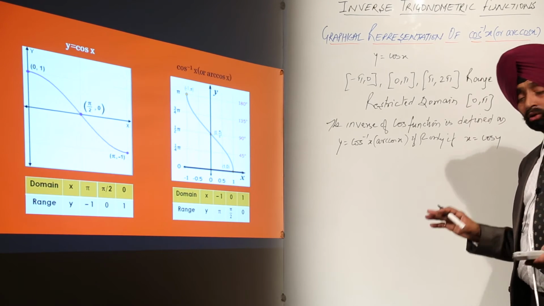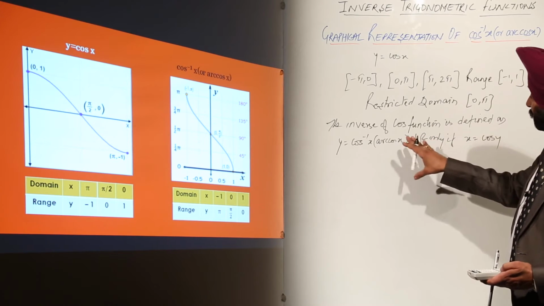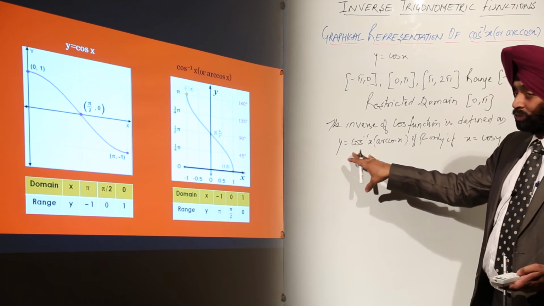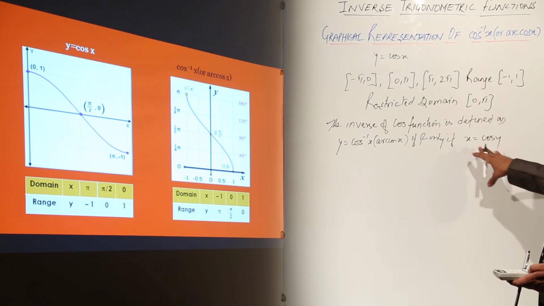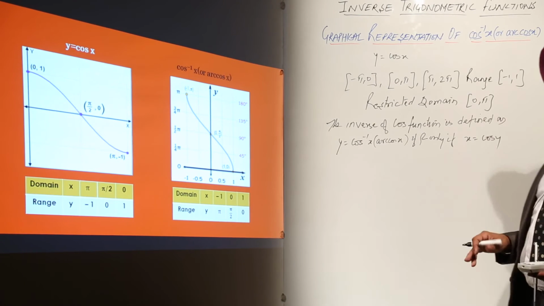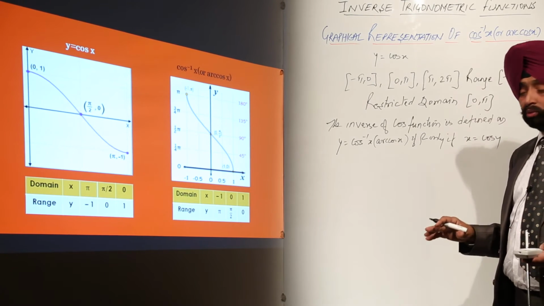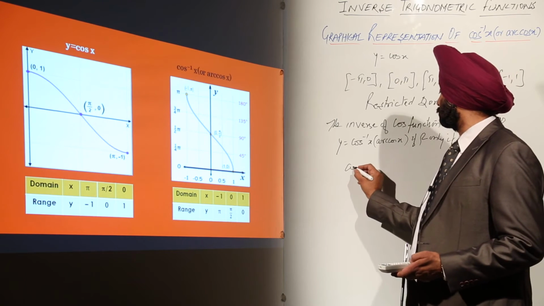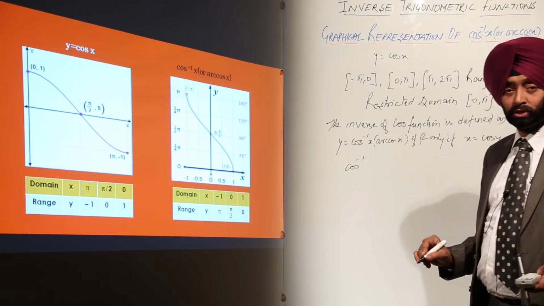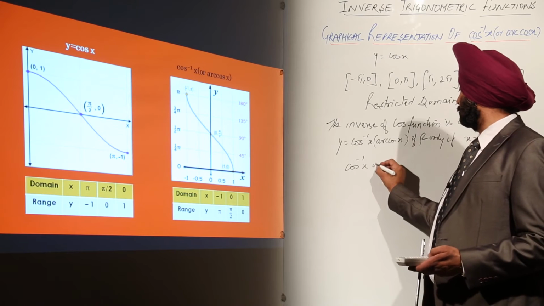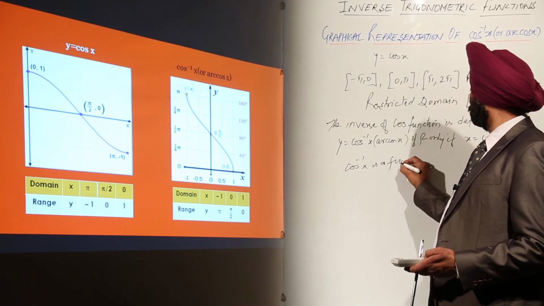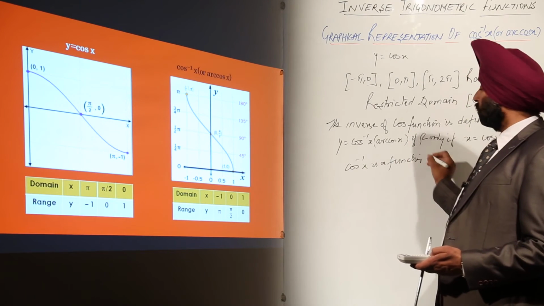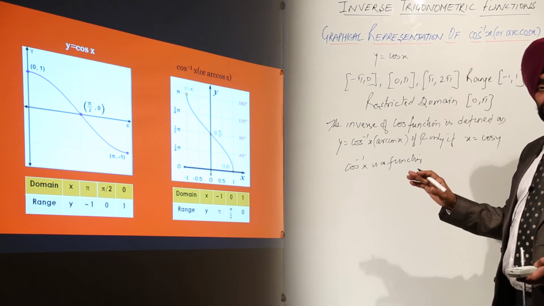Now cos inverse x, we have got it, that we can define it. If it is y is equal to cos inverse x, then we can write x is equal to cos y. Now cos inverse x is a function, with domain to range and range to domain.